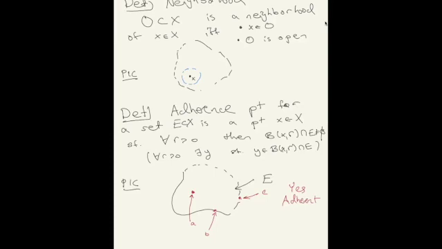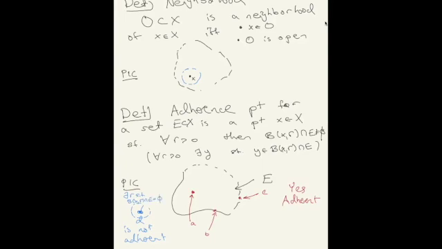But points that do not satisfy it, points strictly outside, D is not. Why? Well, here there exists a radius r such that B(x, r) intersect E is empty.